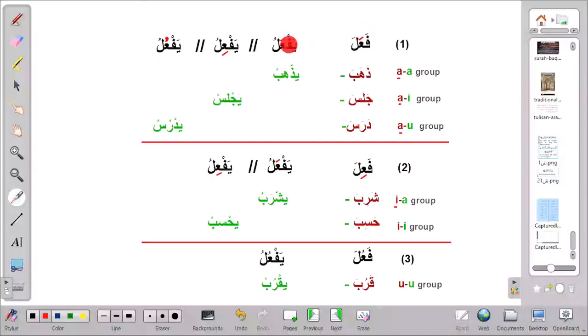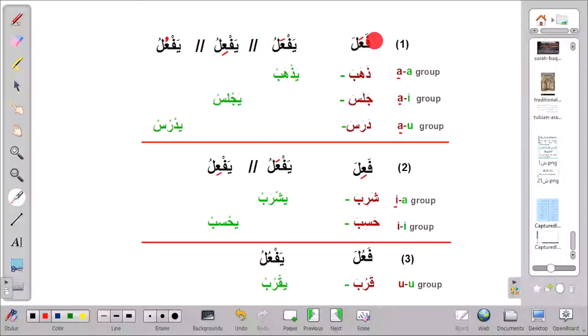So it could be yaghsalu, yaghsilu or yaghsulu, but the specific one we don't really know. What you need to do is memorize it, and then we get used to it. There's no pattern to tell you which of these three it will be.